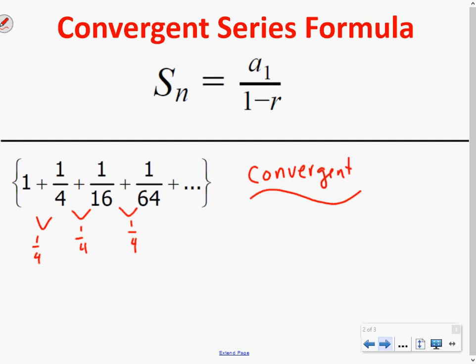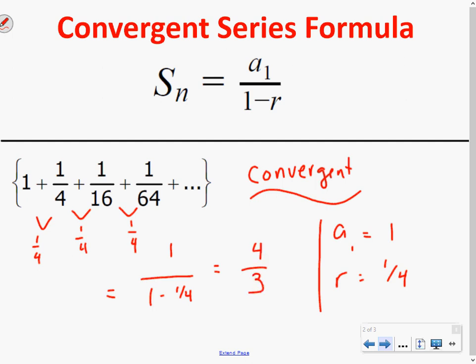So now let's actually figure out what value it's converging to, what value it's approaching. So we need to know the first term, which is 1, and we need to know the ratio, which we just found. That's the only information I need to make this calculation. So the sum of this infinite series will be equal to my first term divided by 1 minus the ratio. And if I do this calculation, I'm going to get 4/3.